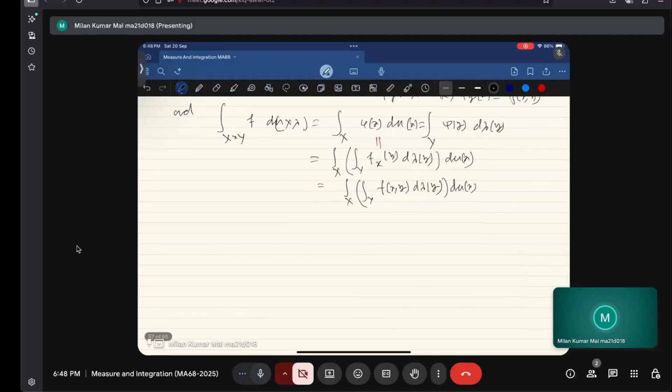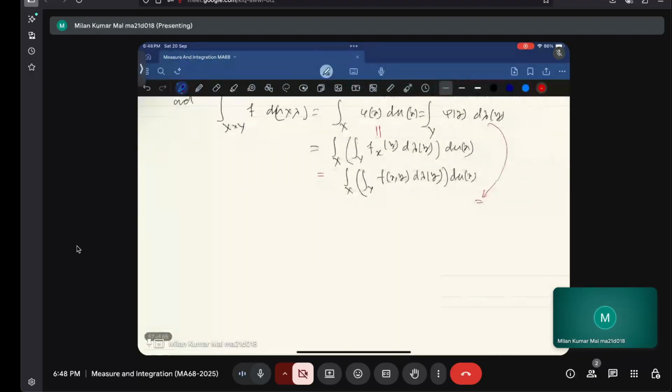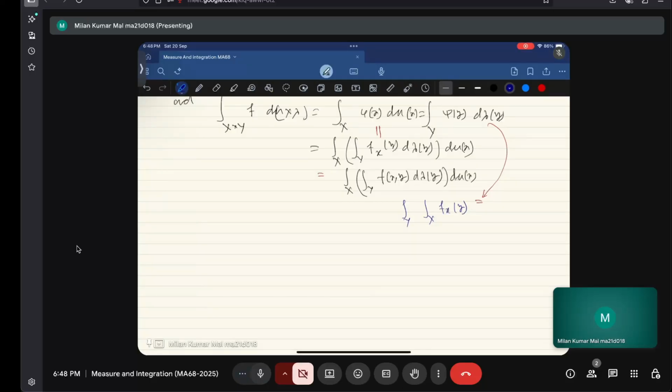And similarly, this particular thing is equal to the integral over Y of the integral over X of f_x at the point y d lambda y, which equals the integral over X of psi y, which is actually f_y at the point x, d mu x, and whole d lambda y.